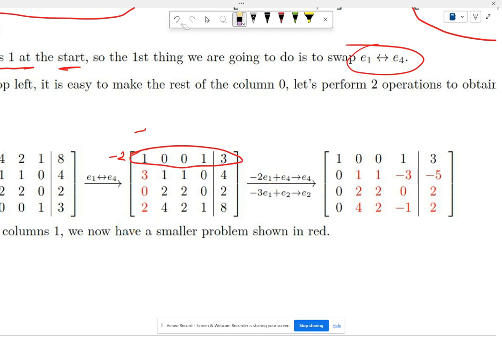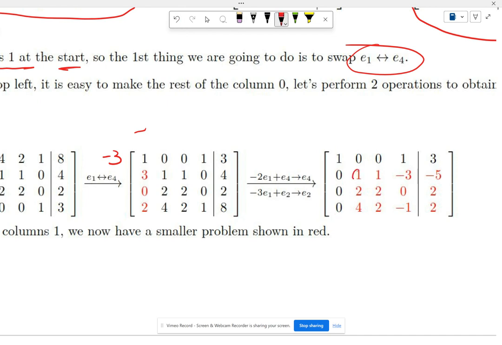Then I'll do the same thing, multiply by -3 here and add to equation 2, and that's going to become the new E2. After you do that, you basically got zeros here. So now we've created 0.